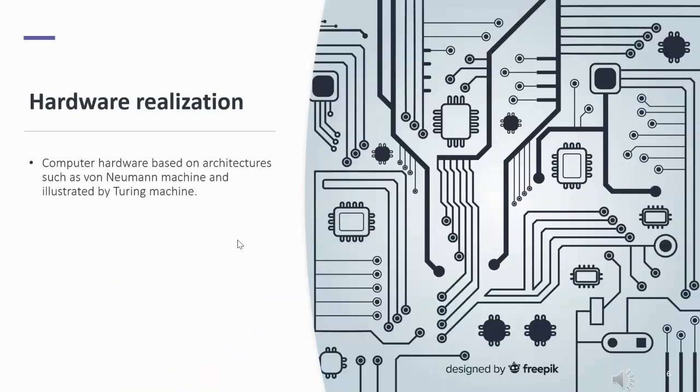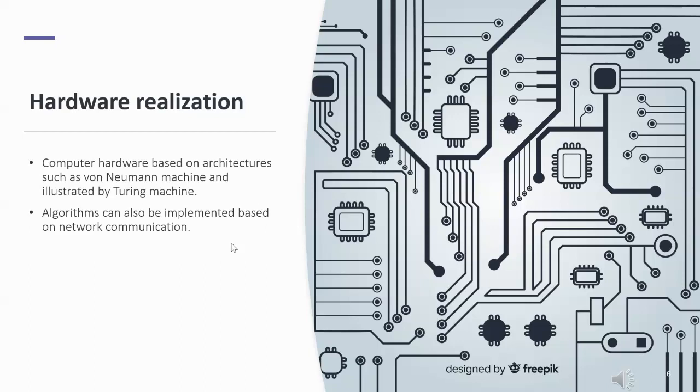Hardware realization will affect algorithms because hardware speed will determine if an algorithm is realistic to run on a computer hardware. Computer hardware is based on architectures such as von Neumann machine and illustrated by Turing machine.